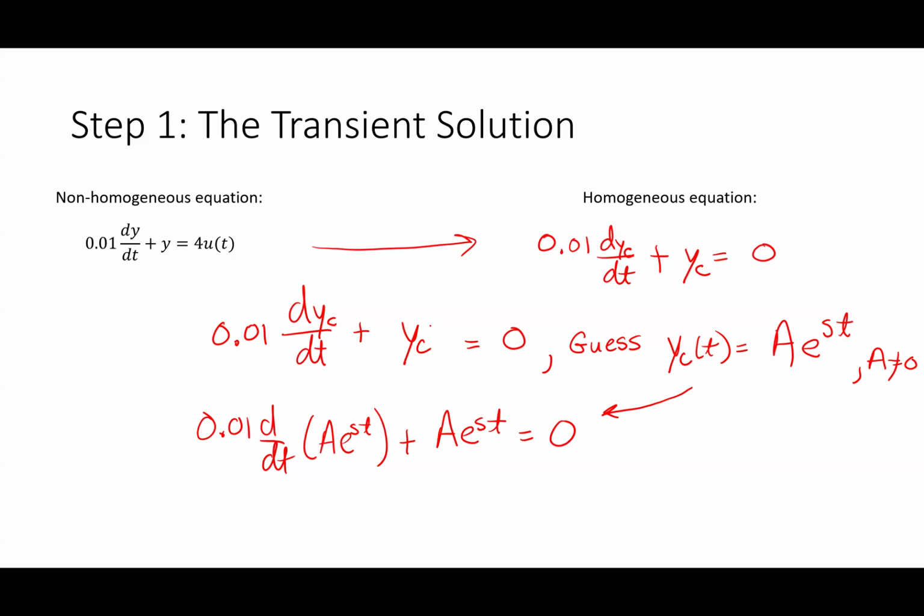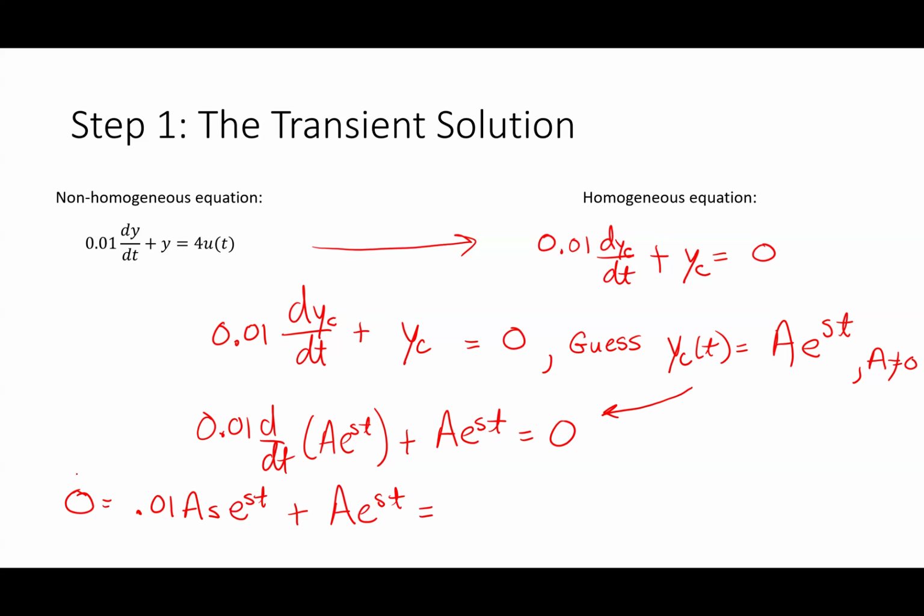What happens when I take the derivative of A e to the st? Multiply it by s, right? The s comes down. So basically I get, in this case, 0.01 A s e to the st plus A e to the st. That all equals 0. I'm going to put the 0 over here for a second because I want to keep factoring this thing.